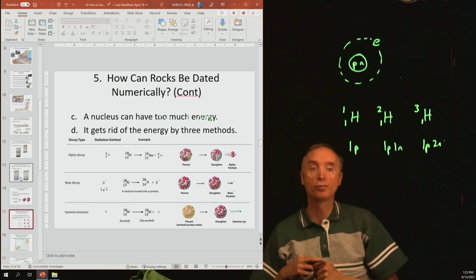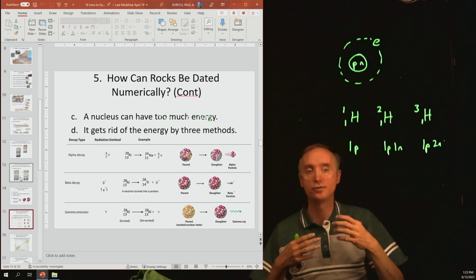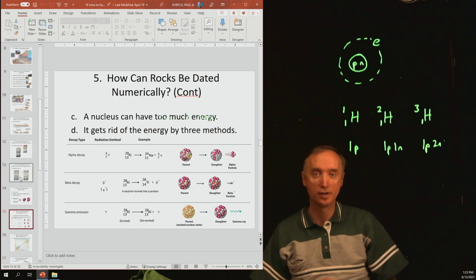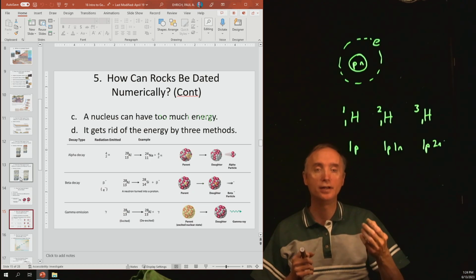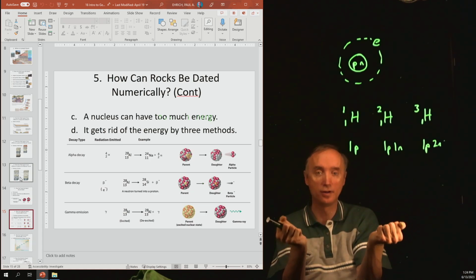Okay, now let's talk about radioactivity. Some nuclei have too much energy because they might have too many protons or too many neutrons. And so what will happen is that it will spontaneously fall apart.